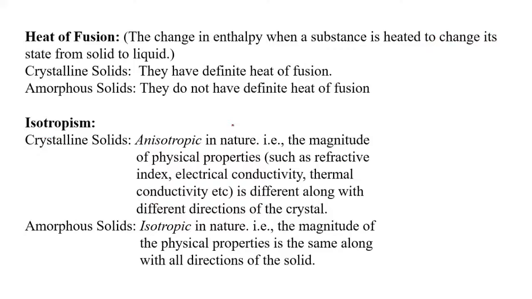Heat of fusion. When a substance converts from solid state to liquid state with heat, whatever energy is involved is your enthalpy. As expected, crystalline solids have a definite or sharp heat of fusion, while amorphous solids have a range of values of heat of fusion.